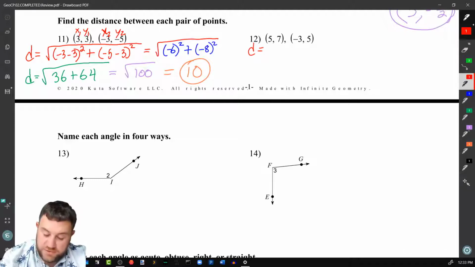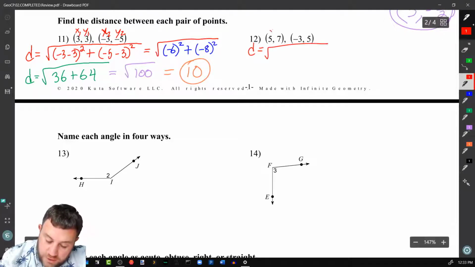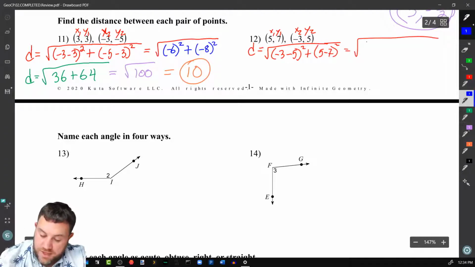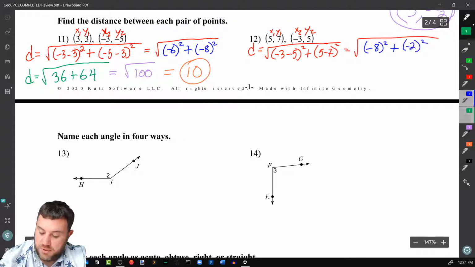For 12, x1, y1, x2, y2: negative 3 minus 5 all squared plus 5 minus 7 all squared. That will be negative 8 squared plus negative 2 squared.